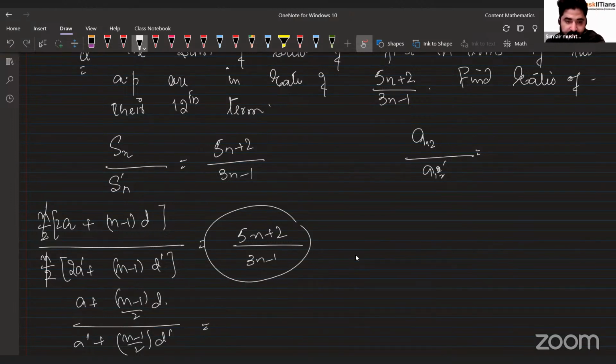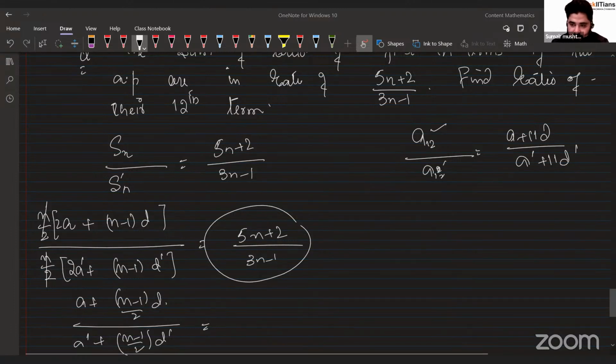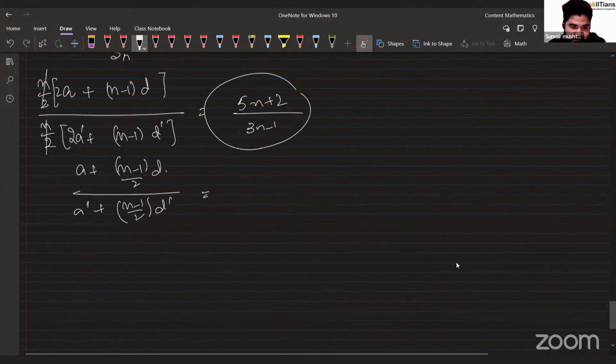Listen, guys, what you exactly need is the ratio of the 12th terms. What is the 12th term actually? A plus 11d, and A dash plus 11d dash, isn't it? So if you compare, this quantity should be 11.